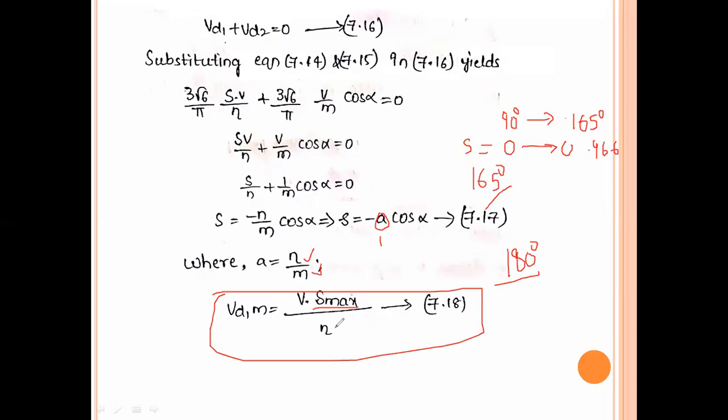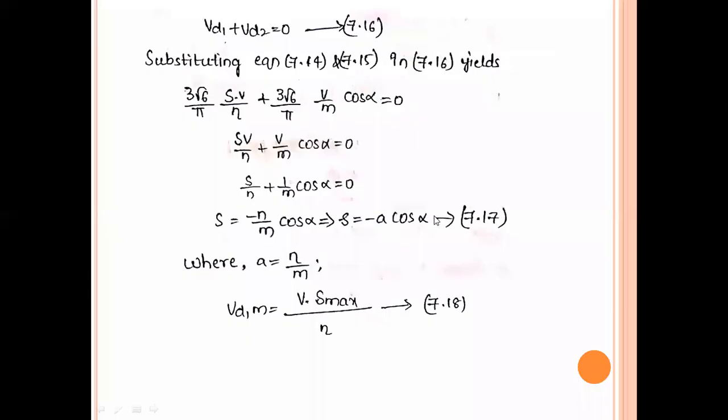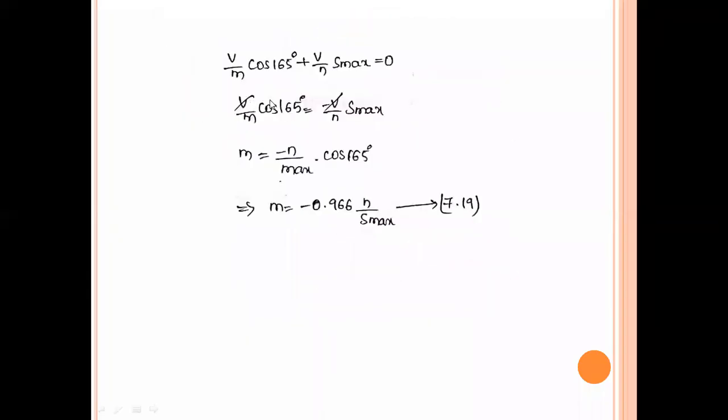Equation 718 represents the VD1 equation at low speeds, or if we have the S max value. And if alpha is restricted to 165, then we substitute alpha as 165 and VD1 as S max, then VD1 plus VD2 equals 0.